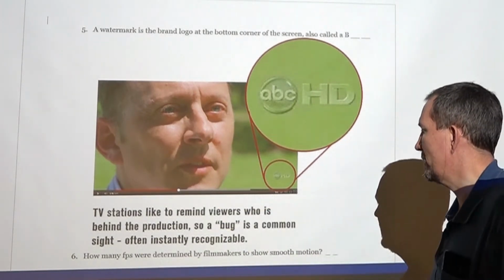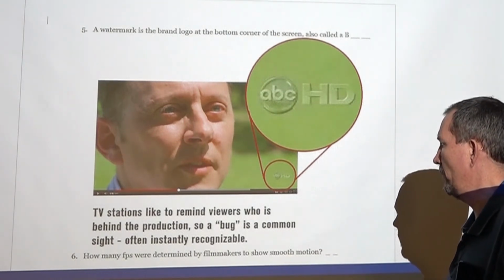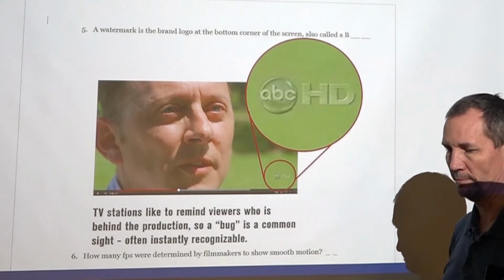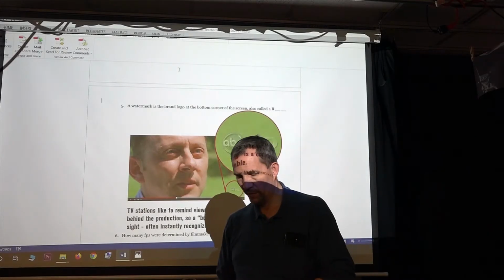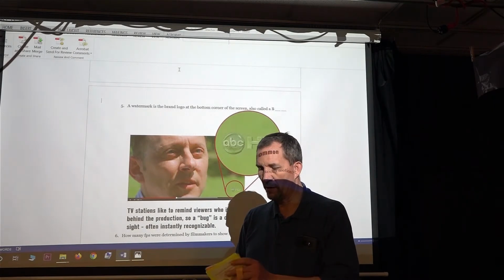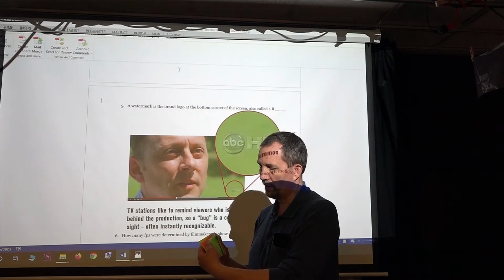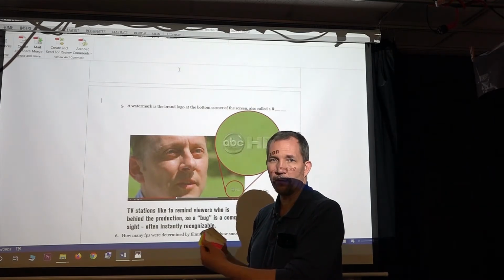How many frames per second, that's what FPS stands for, were determined by filmmakers to show smooth motion. I just had an idea. You guys ever see on some textbooks that someone has done a little thing I call a flip cartoon? They've drawn along the bottom corner of a textbook a little stick figure running or something.